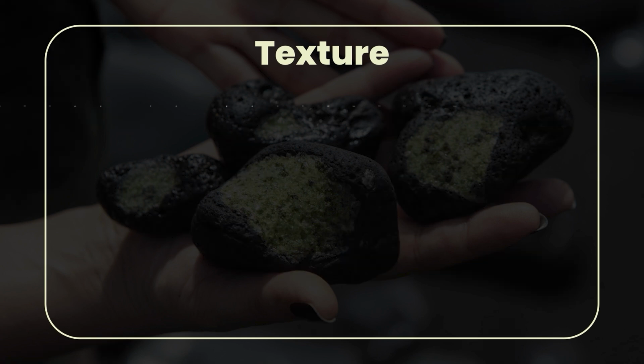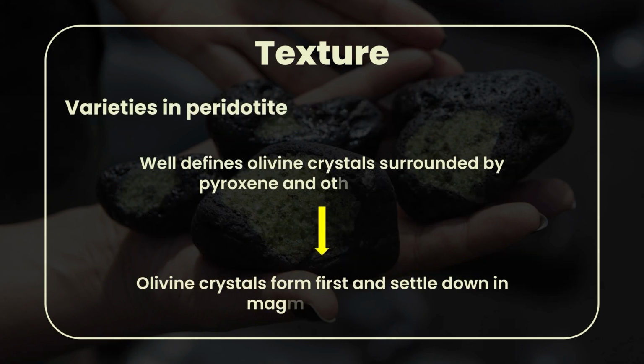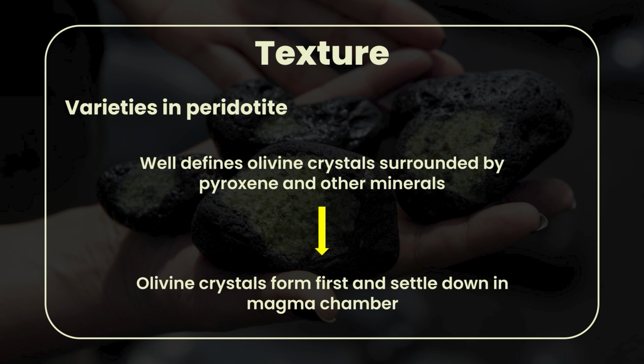Peridotites have different varieties. Well defined olivine crystals may be surrounded by pyroxene and other minerals. Why is olivine surrounded by pyroxene and other minerals? It is because olivine forms early, and the mineral which forms early can be surrounded by minerals which crystallize at a later stage.